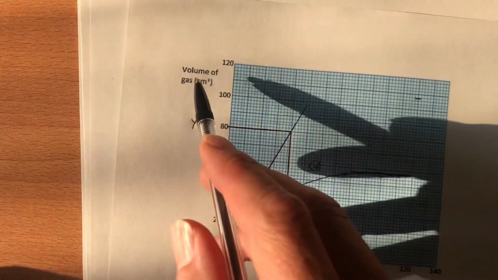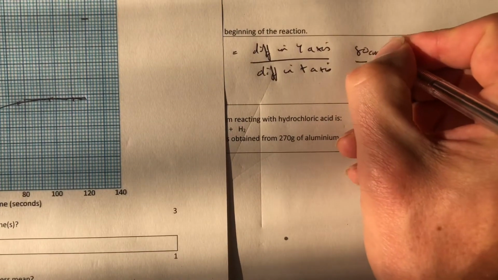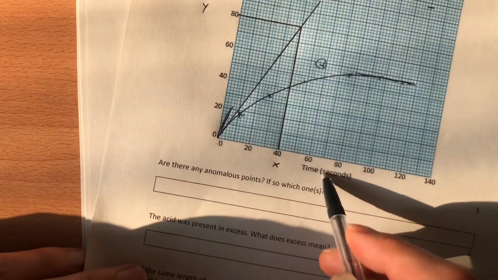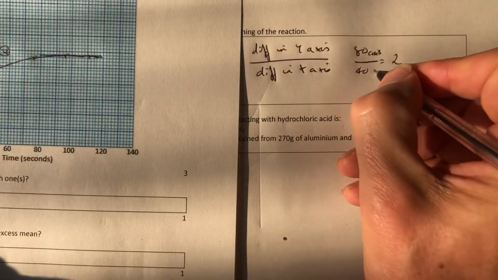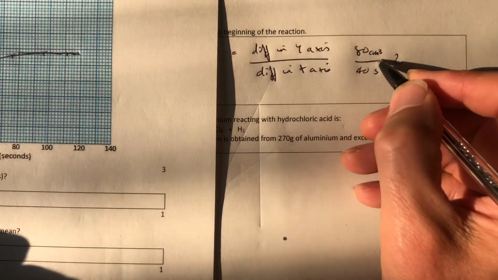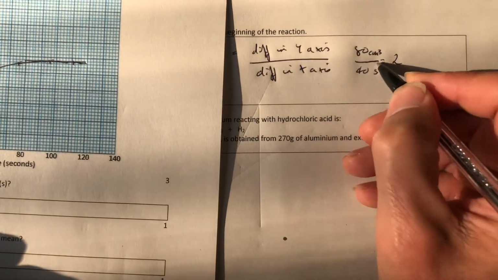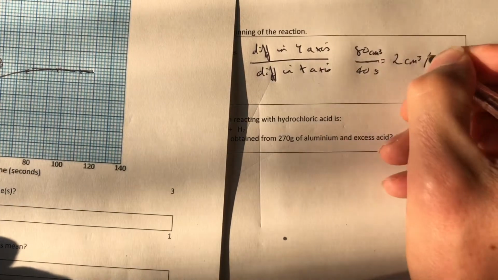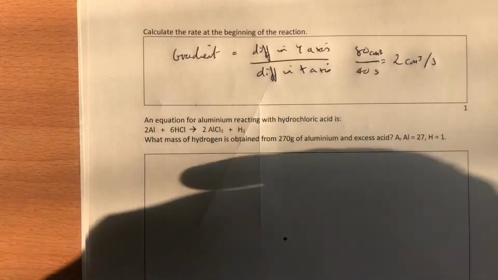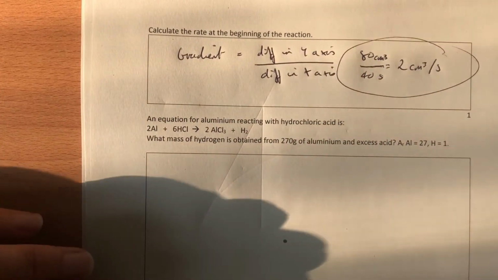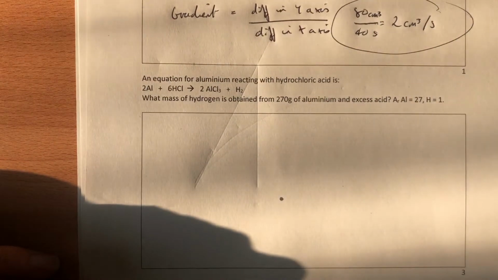Our y-axis unit is centimetre cubed, divided by our x-axis unit, seconds. Divide is another way of saying per, so the unit is centimetre cubed per second. So 2 centimetre cubed per second. That's my answer for my sketch graph. You need to do it accurately for your graph now.